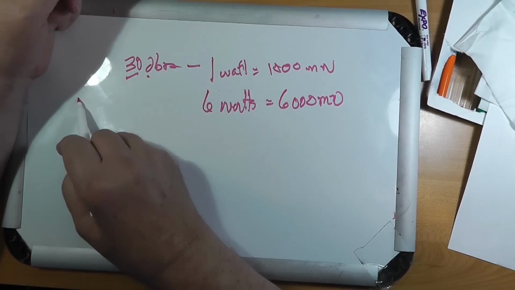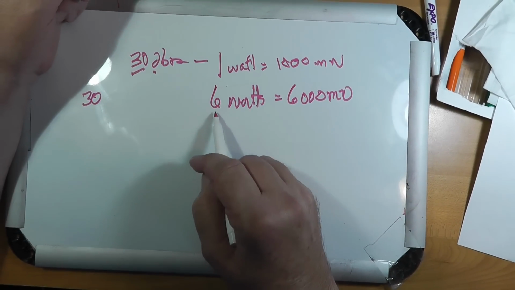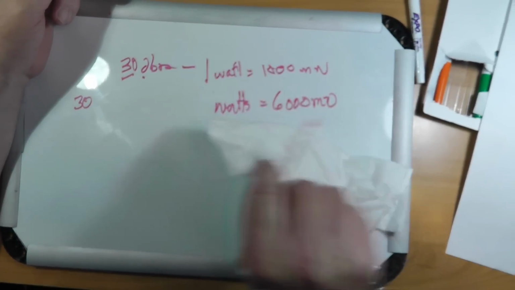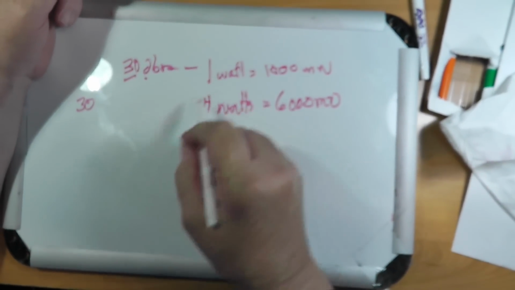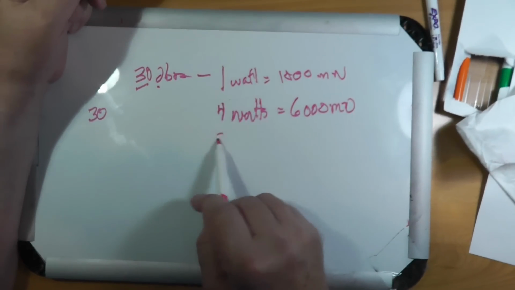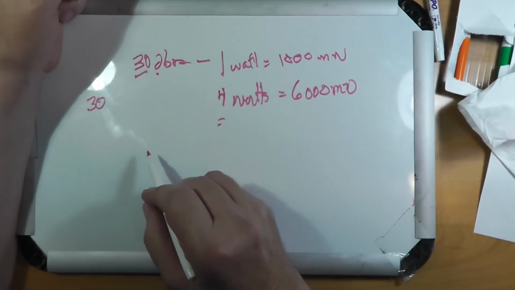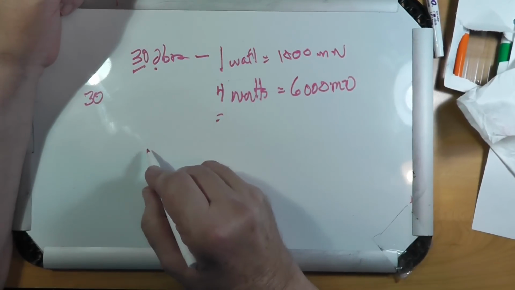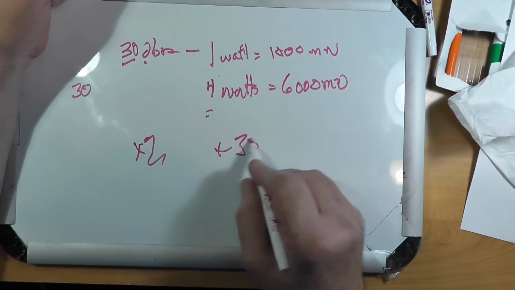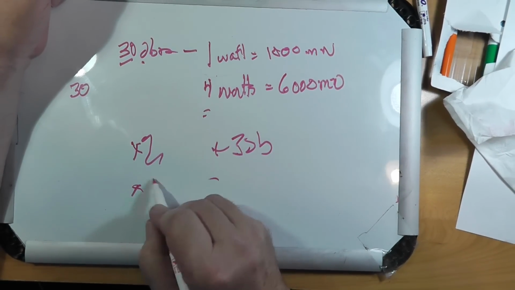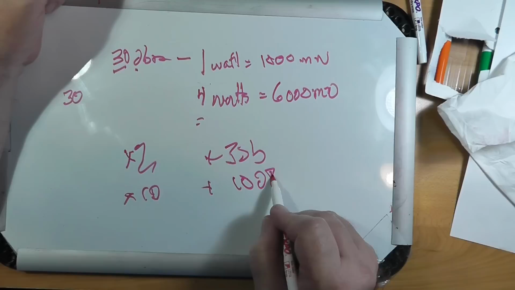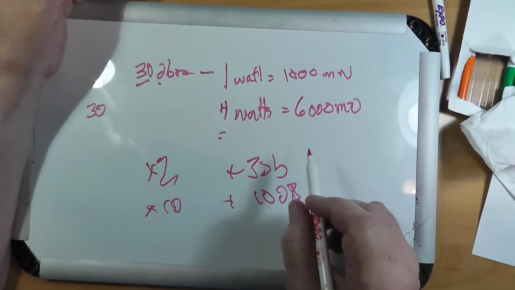If we have a QRP rig that's 4 watts, there's an interesting fact about decibels. A factor of 2 means that you add 3 dB. A factor of 10 means you add 10 dB. These are very handy things to know.